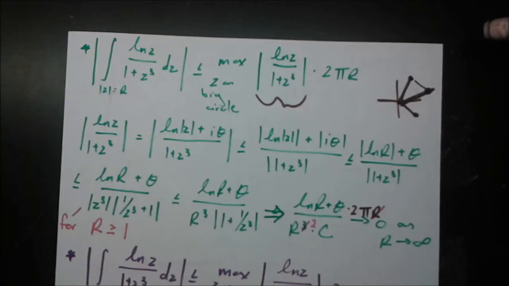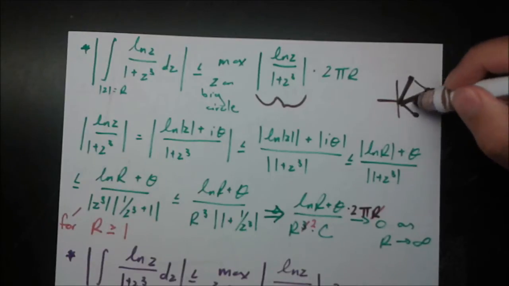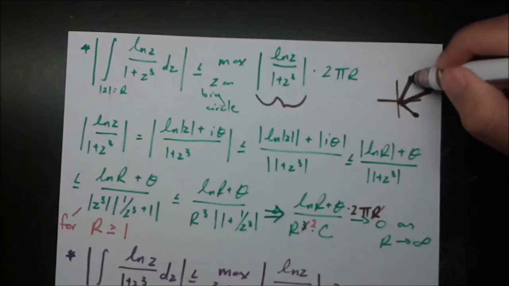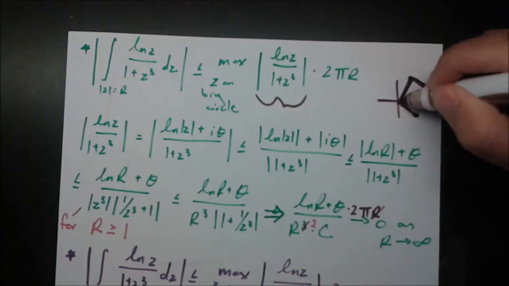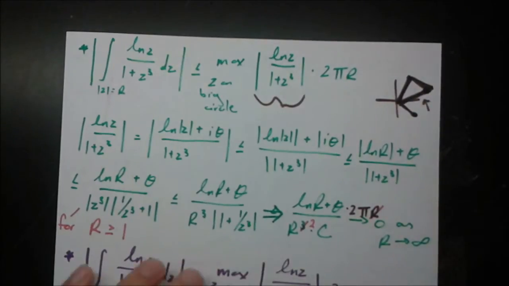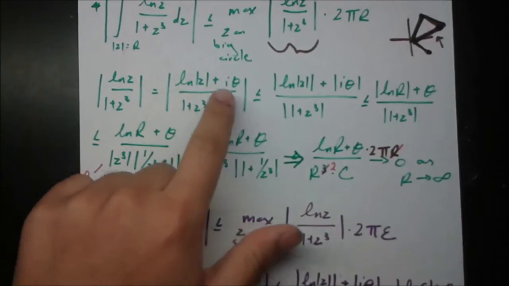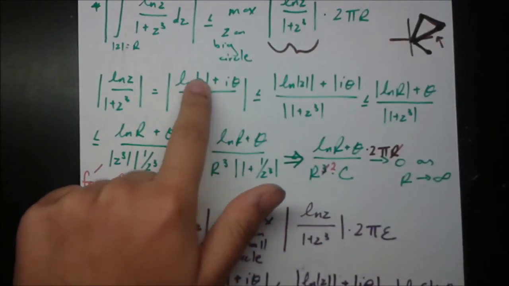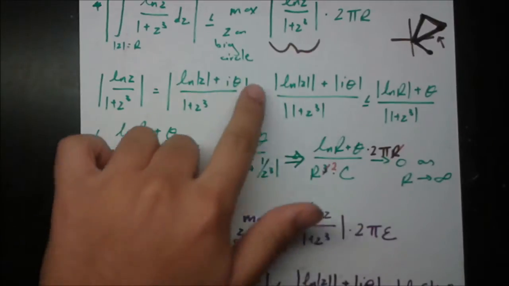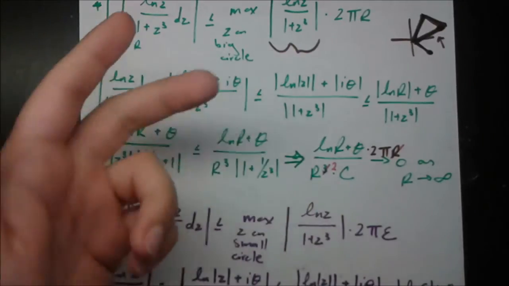Now, is that going to be less than or more than if we took the sum of the individual moduli? Well, it's going to be less than, because by the triangle rule, these three form a triangle, and if we add these two sides, they're going to be greater than this side right here. Which simply, in algebraic terms, means that the sum of the moduli of the complex numbers is going to be greater than or equal to the modulus of the sum.